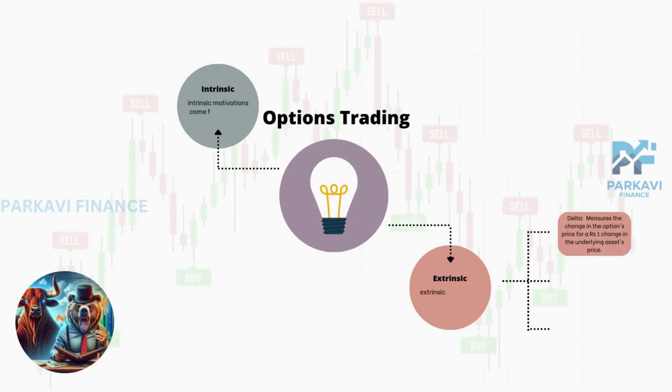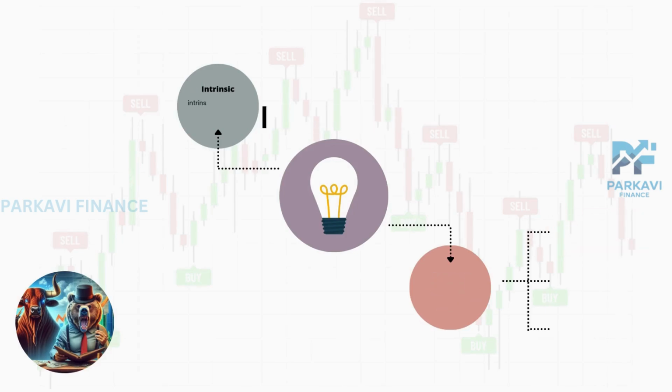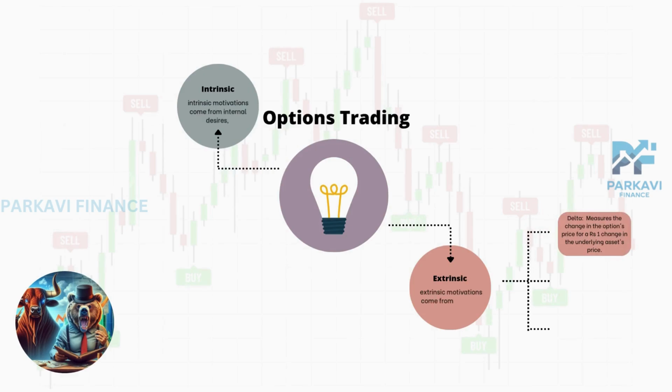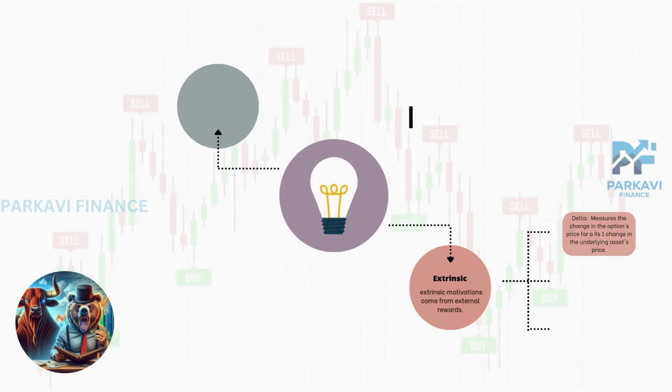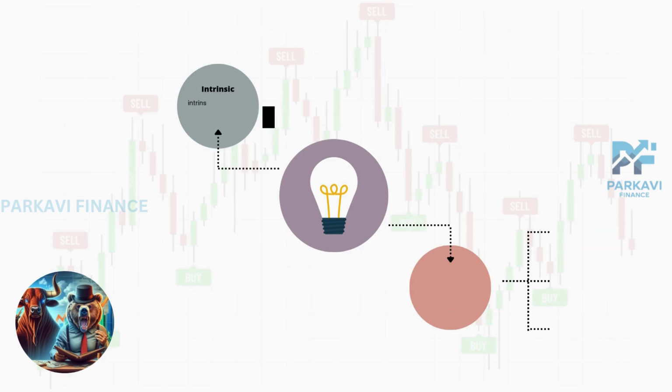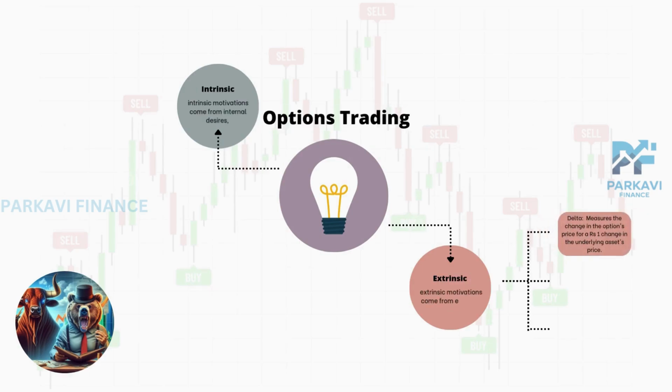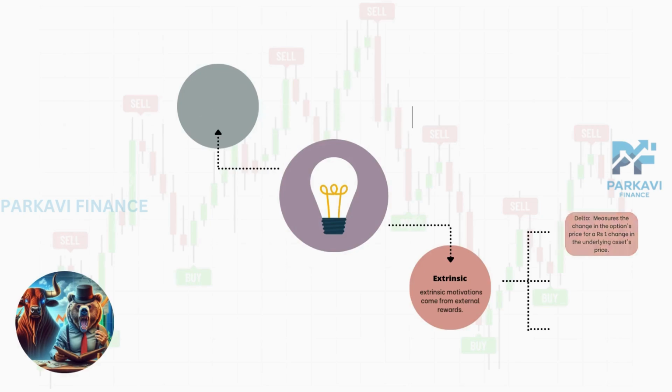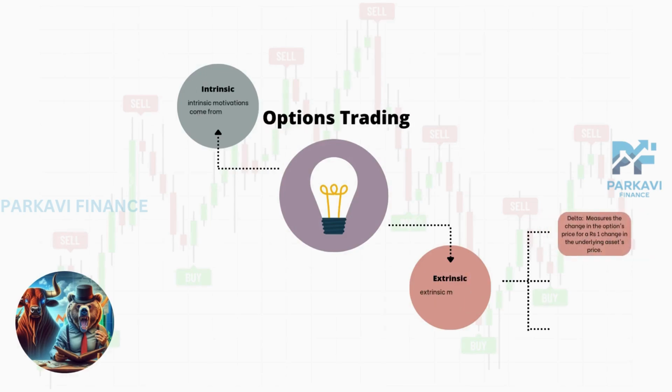First one, let's look at delta. What is delta? Delta measures the change in the option price for a 1 rupee change in the underlying asset price. The asset price is the Nifty or stock futures or other index.